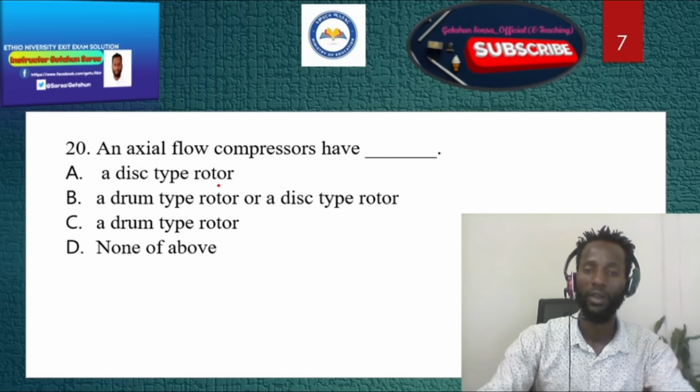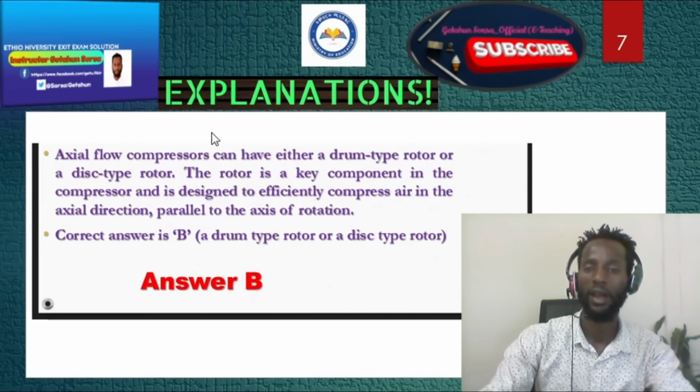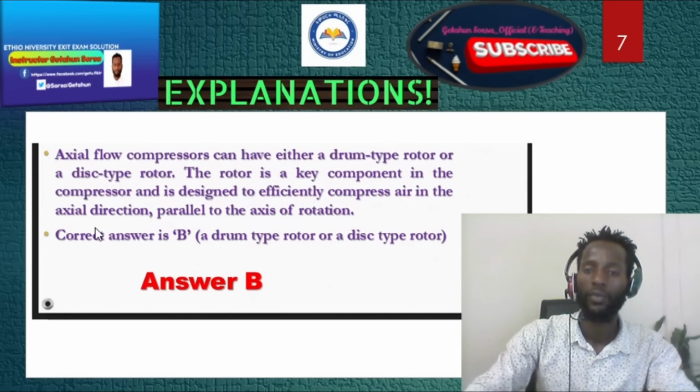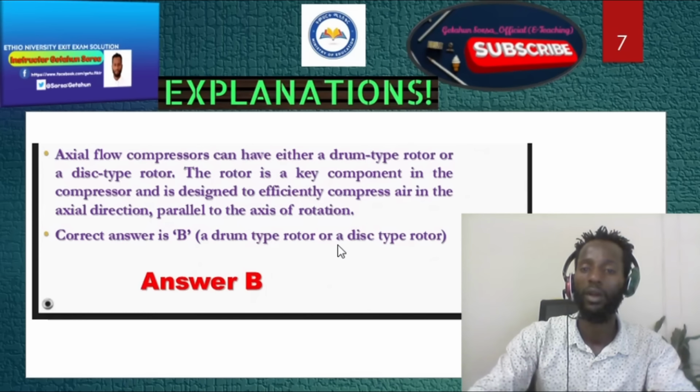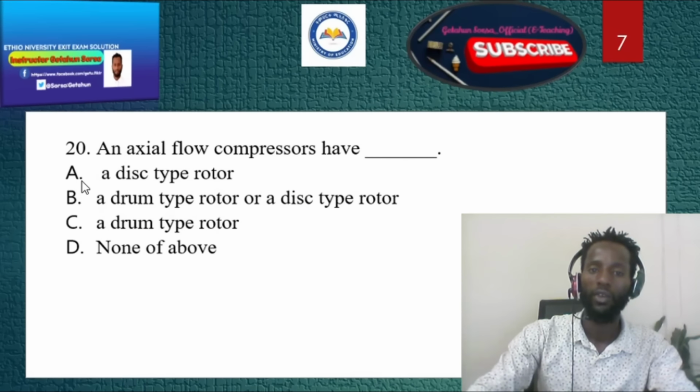Axial flow compressors may have either drum type rotor or disc type rotor. Therefore, the correct answer is choice B.